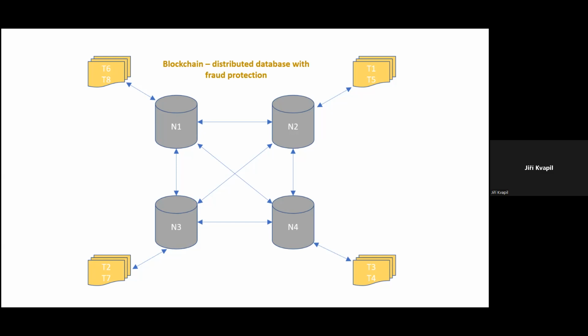So here I have four nodes, node 1, 2, 3, and 4. And all these nodes are servicing several transactions. It doesn't matter which transaction goes to which node, because after all, everything is synchronized in this blockchain world or the distributed cloud or whatever.